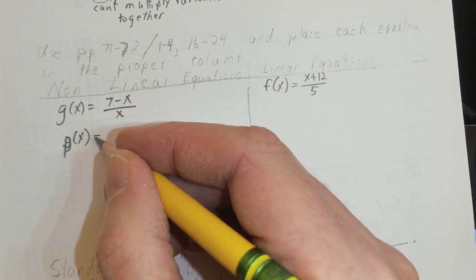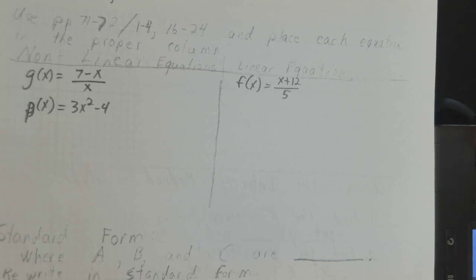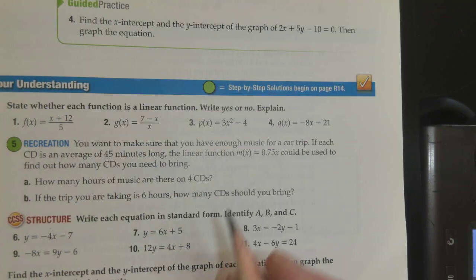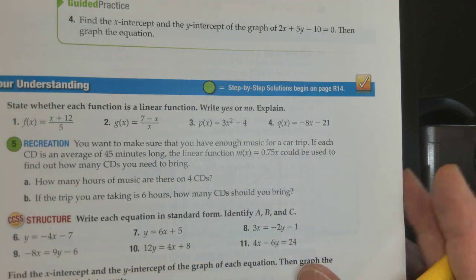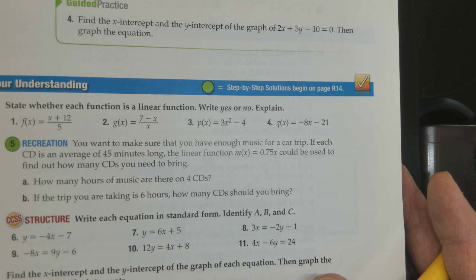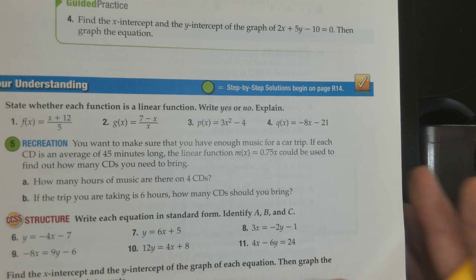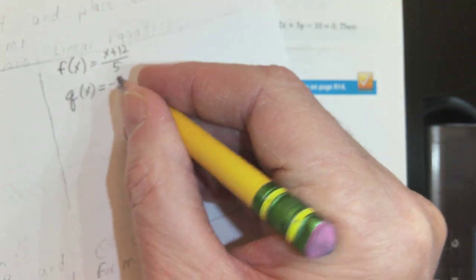Why did you say that? Because there's an exponent on the variable, yes. And number 4, q of x equals negative 8x minus 21. It is linear. It is.